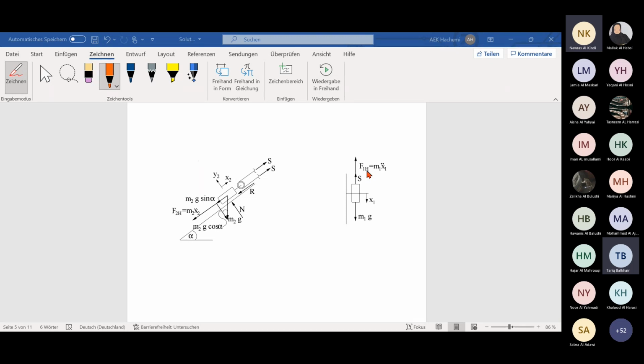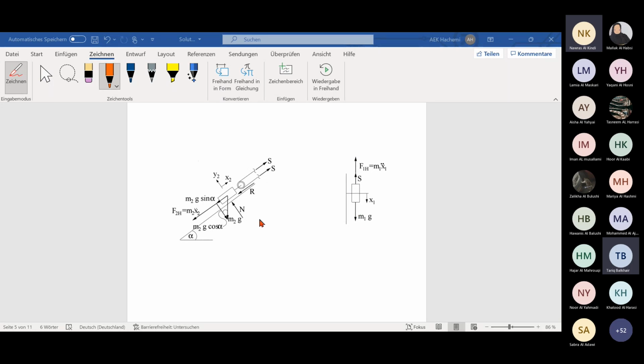Now, this force is only the mass multiplied by the acceleration of the considered point, particle, or body. The direction of this force is opposite to the direction of the motion.